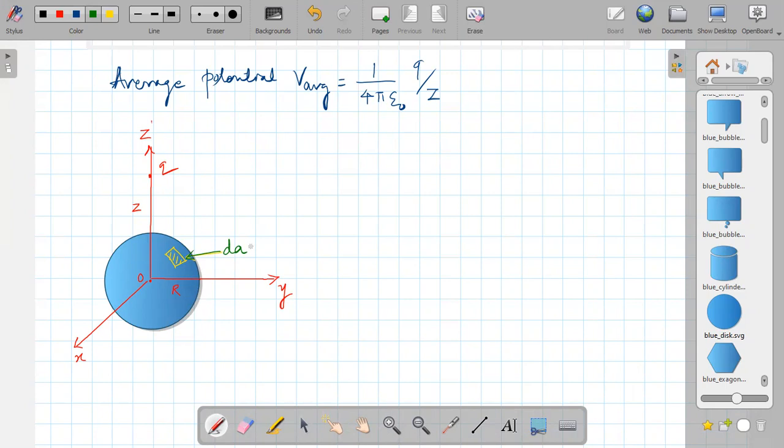Then I will join the center of this dA with the origin of the sphere O. Again this is your capital R, the distance between the surface element and the origin. Then I will join the surface element with the charge particle Q like this.